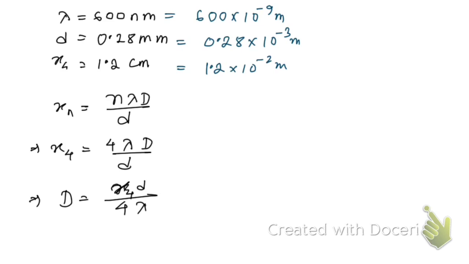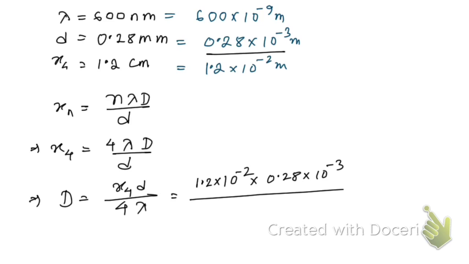That's what we have, right? So now let's put the values. x4 is 1.2 into 10 to the power minus 2, and small d is 0.28 into 10 to the power minus 3, divided by 4 into lambda. Lambda is 600 into 10 to the power minus 9. Okay, that's what we have got.